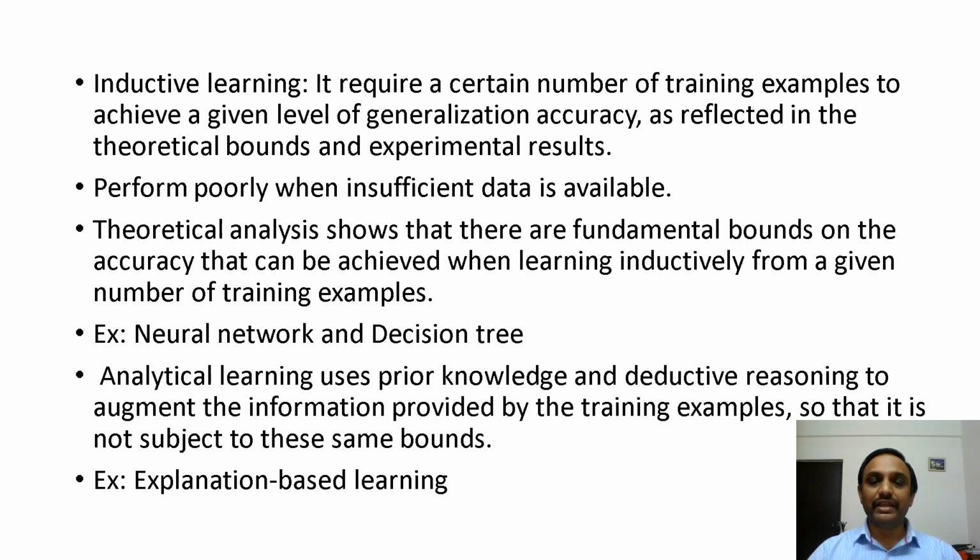In inductive learning, we are learning inductively from a given number of training examples, which leads to fundamental bounds on the accuracy that can be achieved. Examples of inductive learning are neural network learning, decision tree learning, genetic programming, genetic algorithms, etc.